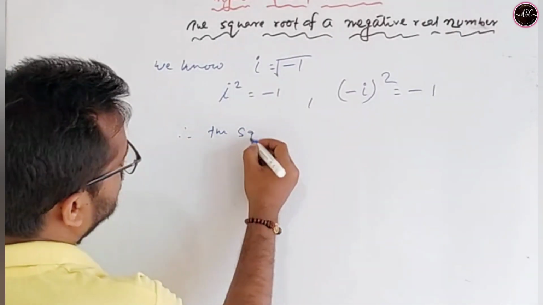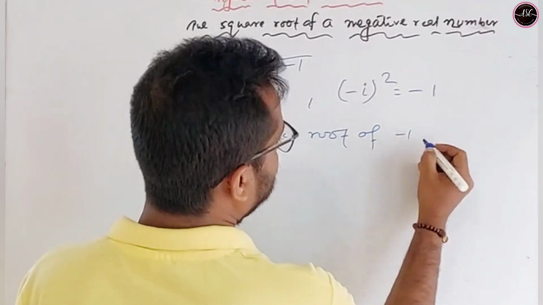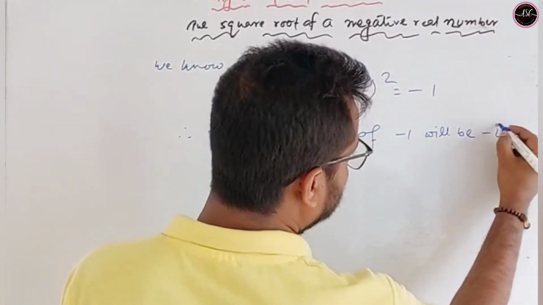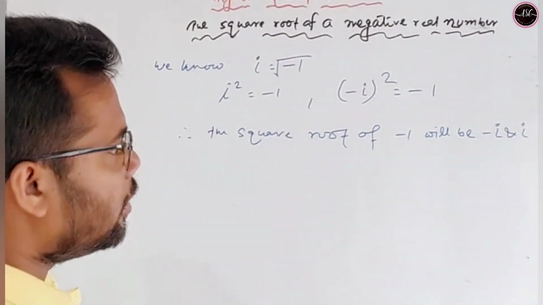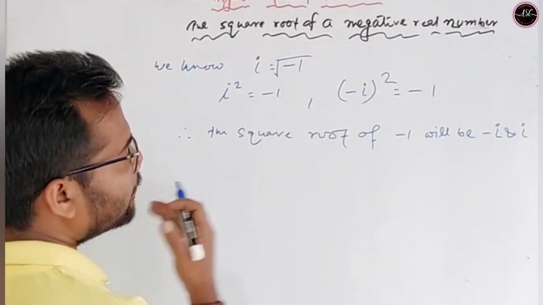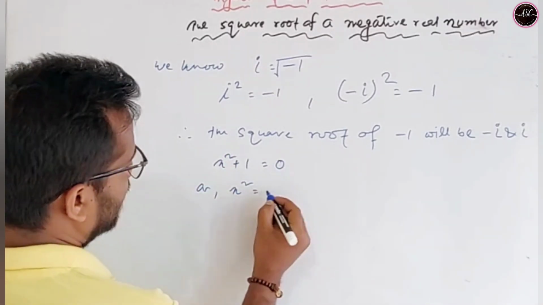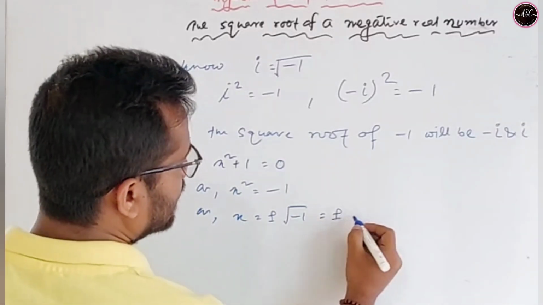The square root of minus 1 will be minus I and I. Okay, but here we only know the I. So by example we can see that x square plus 1 equal to 0, or x square equal to minus 1, or x equal to plus minus root of minus 1 equal to plus minus I.